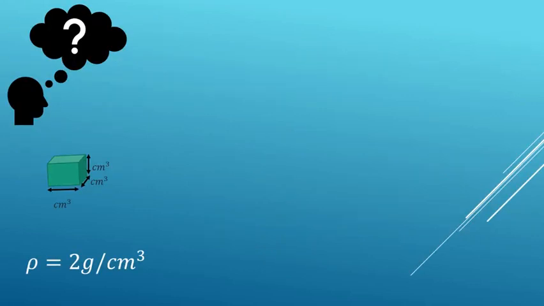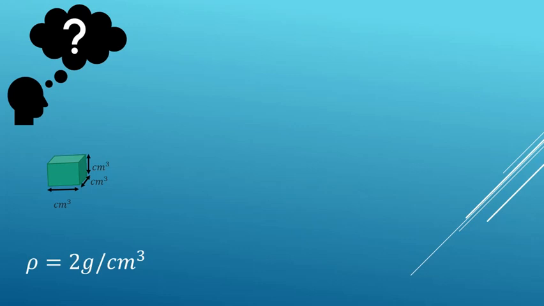All right, let's talk about what I just did. I had a box with 2 grams per cubic centimeter, and I converted it to kilograms per cubic meter, right? In the previous video, I talked about unit conversion and why we are doing this. The reason is I want to tell people what I have. If I think about a box with grams and the dimension in centimeters, what comes to my mind is, okay, that must be a very small box.